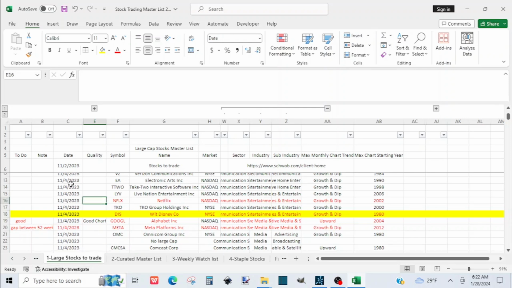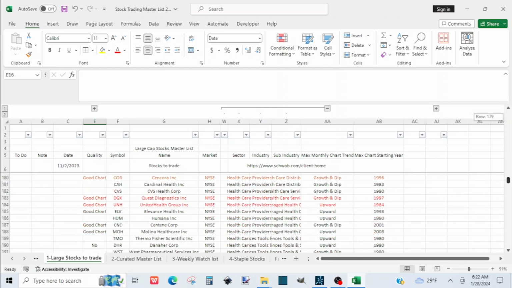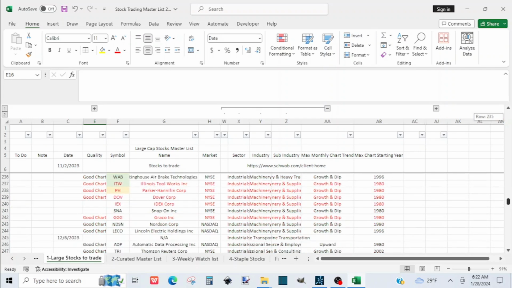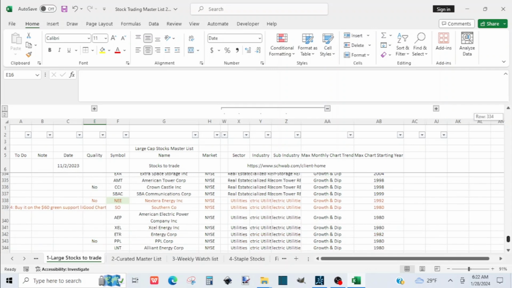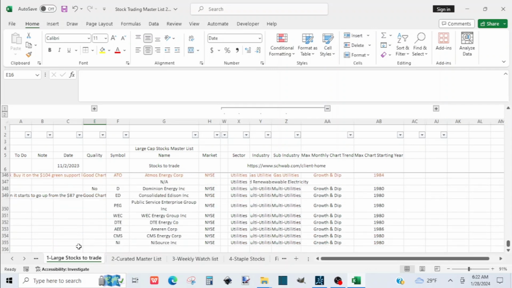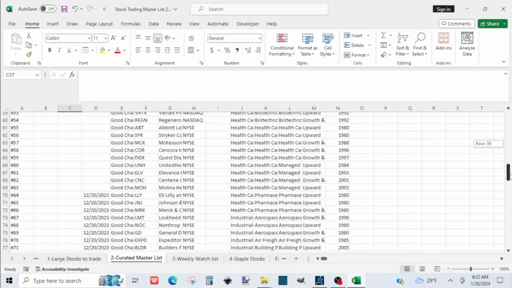So next, because there are about 300 on the list, and you can see, yeah, there are about 300 on the list, if you look at the spreadsheet number, I curated them again to the charts that I like at the moment, and I narrowed them down to about 100.